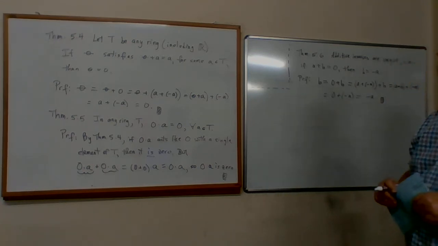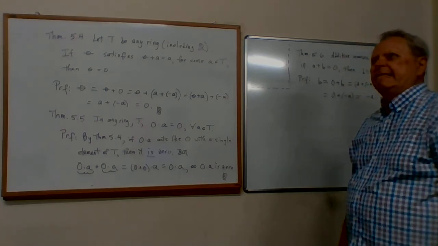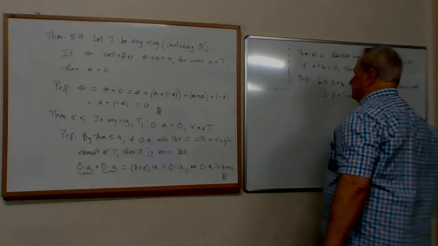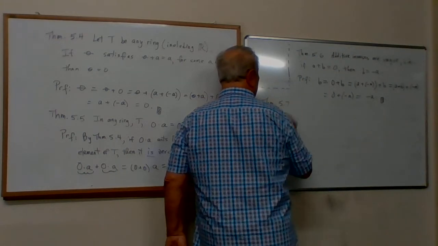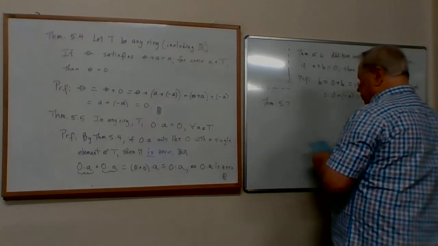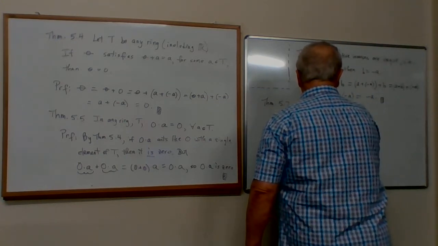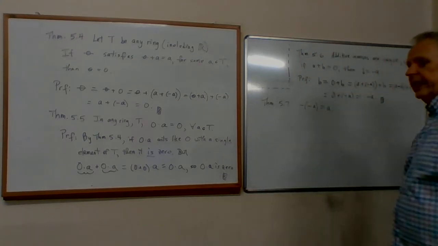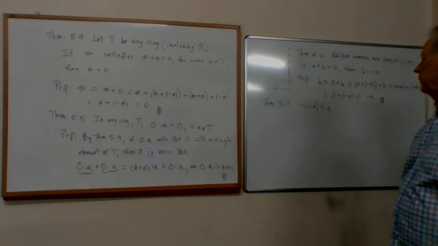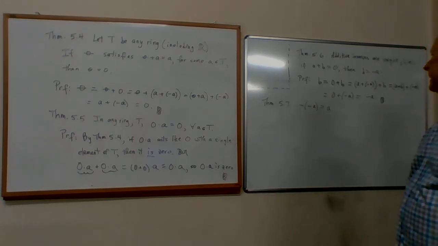Let's see. What should follow theorem 5.6? Something we've known for a long time. The negative of negative A is A. Two negatives give me a positive. Okay?